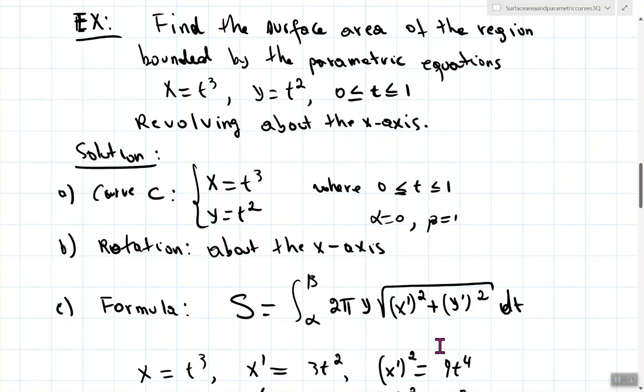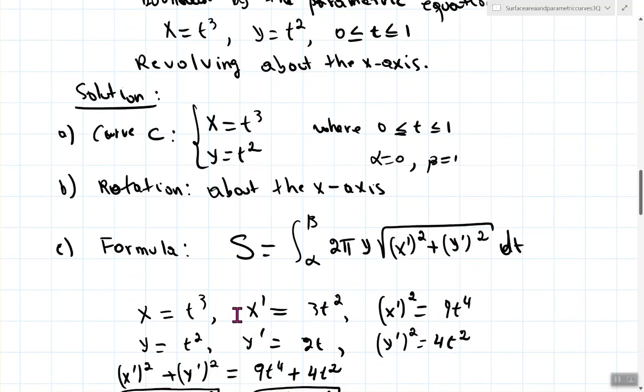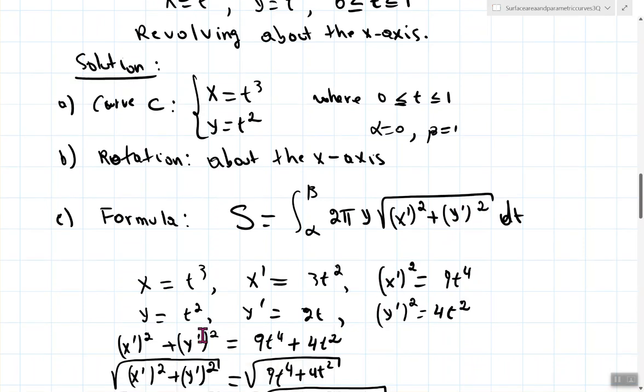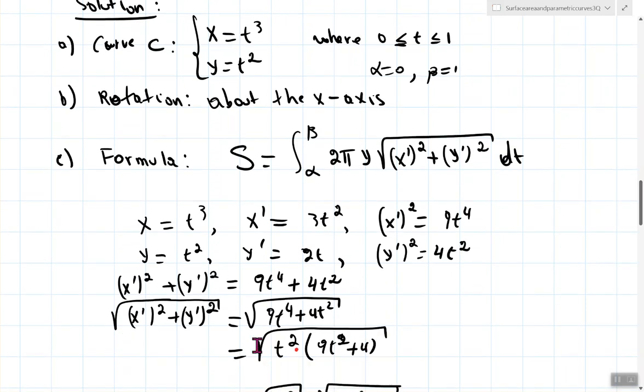What do we need? We need x prime and then a square. So x is t cubed, x prime is 3t squared, x prime squared is 9t to the fourth. We need y prime squared. y is t squared, y prime is 2t, and then y prime squared is 4t squared. We add the two because it says so, and then we take the square root.